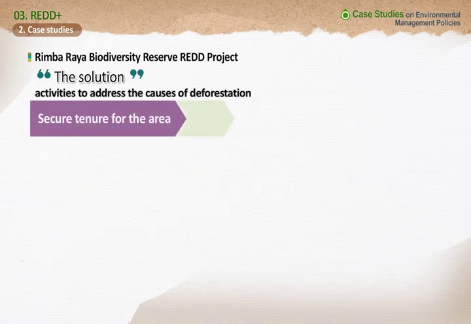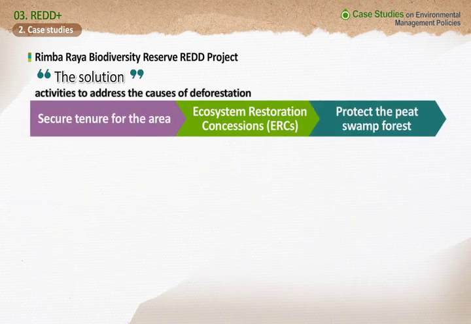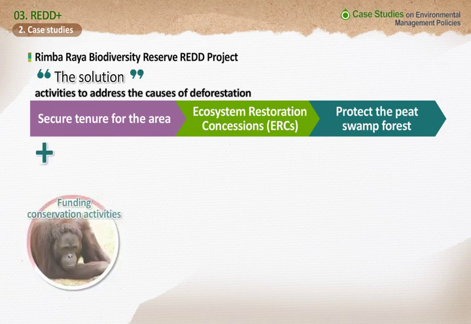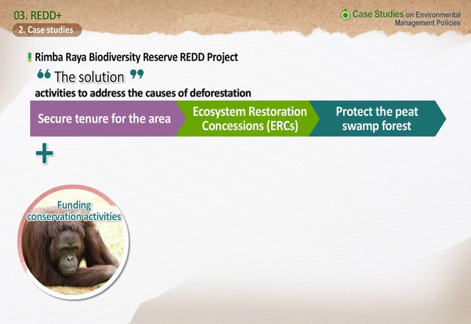In addition to these activities to address the causes of deforestation, other activities that were considered important to the area were included in the project design. These include funding conservation activities, such as rescuing orangutans orphaned by deforestation, rehabilitating them, and releasing them back into the wild.